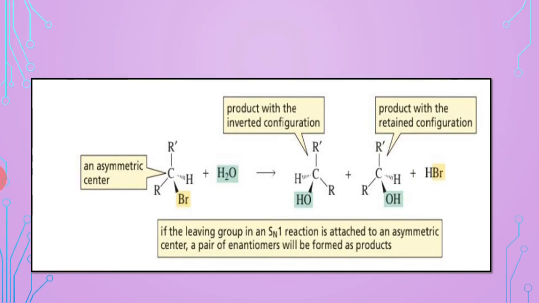So there is a formation of one product with the inverted configuration and another product with the retained configuration. This is a mixture of enantiomers, but the maximum proportion of the product is the inverted configuration, about 50 to 70%.